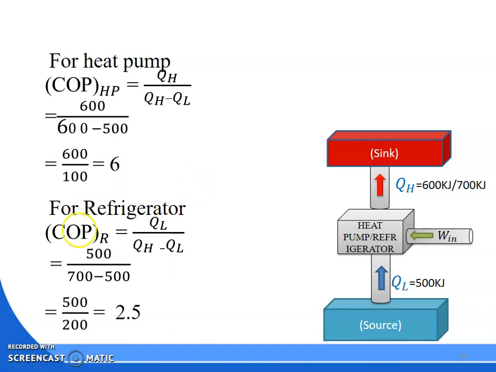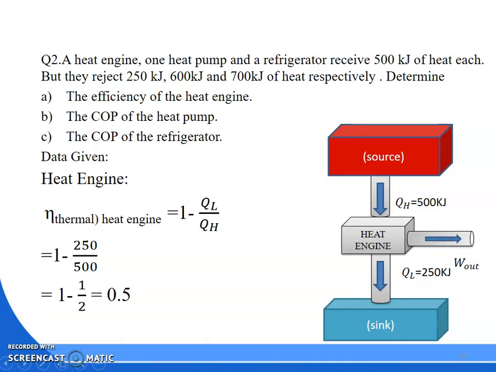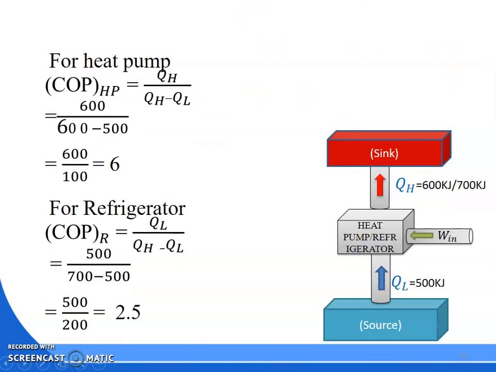So for the refrigerator, see the question. What is given? It receives 500 kilojoule of heat and rejects 700 kilojoule. It receives heat from the low temperature reservoir, or from the refrigerator space. It receives how much heat? 500 kilojoule. And it rejects how much heat? 700 kilojoule.